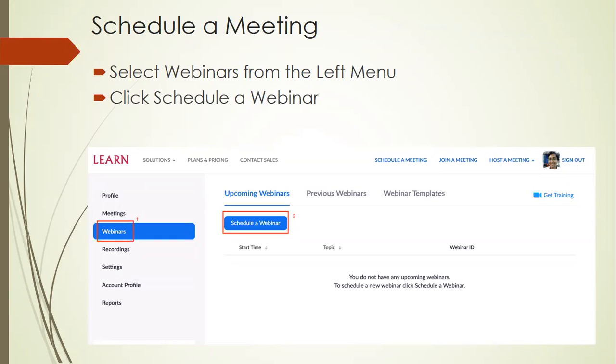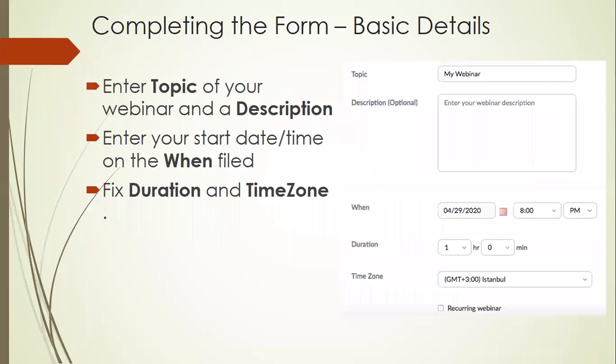After you receive your Zoom webinar license, log into your Zoom account and click webinars in the left menu, and then click on the schedule a webinar button. When you click on it, you'll get something very similar to the form you use to schedule a Zoom meeting.